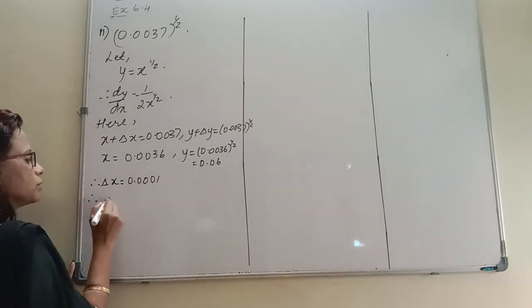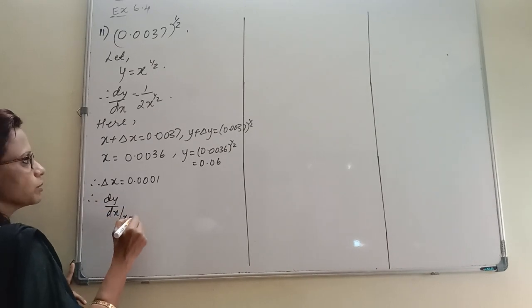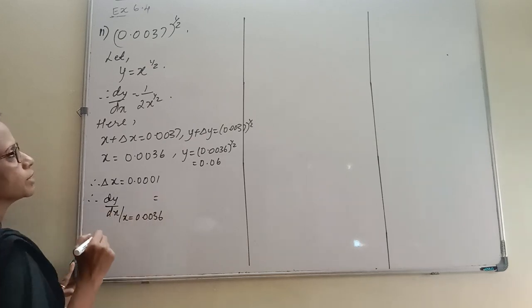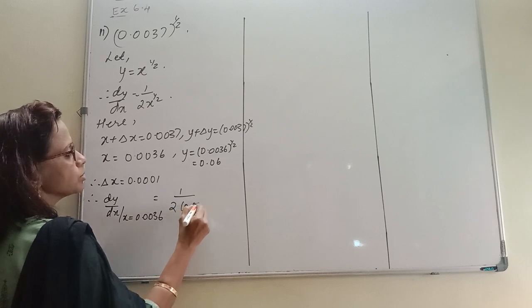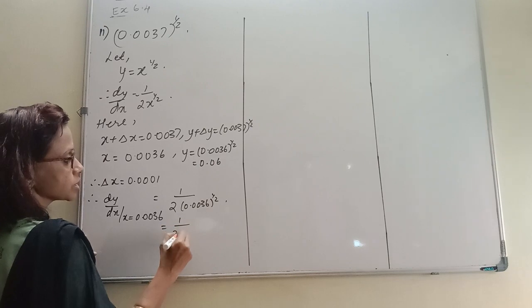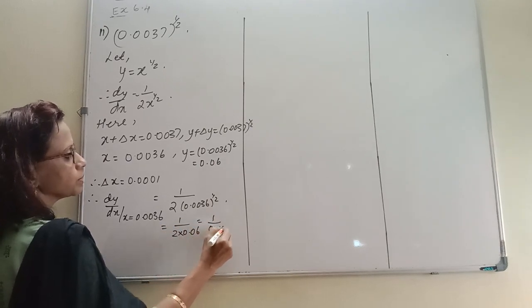We will also find out dy by dx when x is 0.0036, because you require it in the calculation. So it is 1 by 2 into 0.0036 raised to half, which we know is 0.06. So it will be 1 by 0.12.